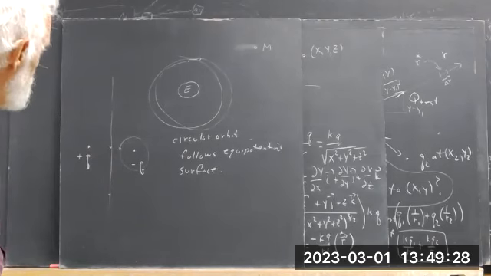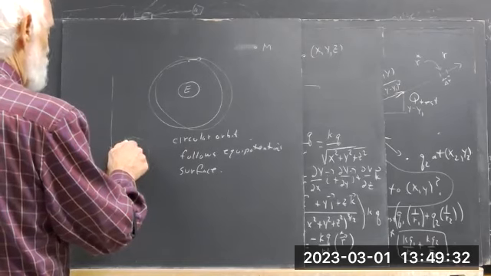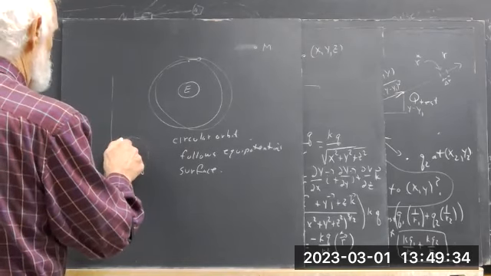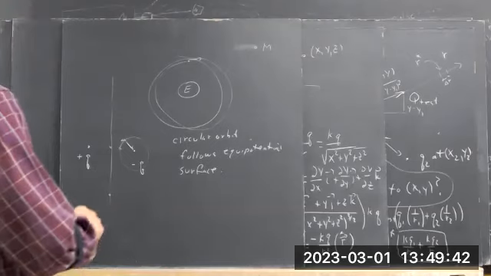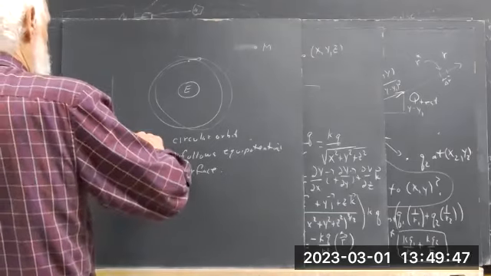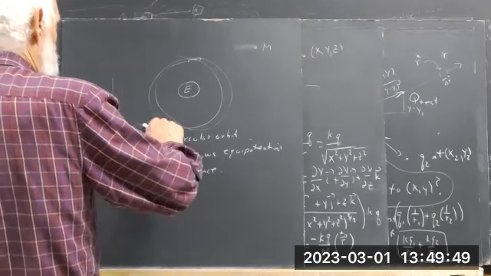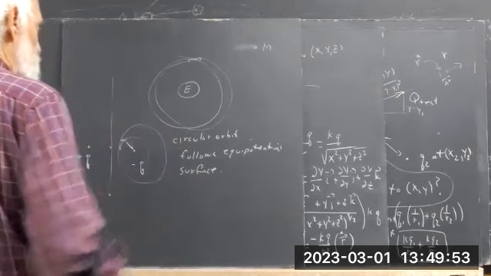At this point, you have a big force toward this and a little force toward this. That's going to distort my potential surface, and I'm going to pull it out this way a little bit. It's going to make it lopsided over here.